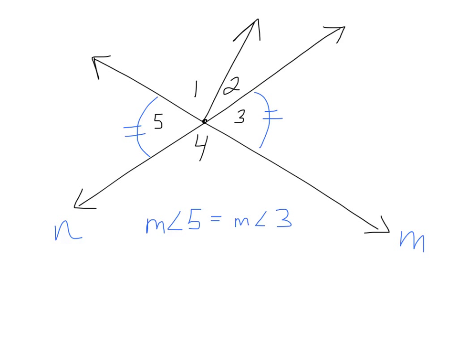Now, the thing that's interesting, and kids tend to struggle with, is we're still talking about these 2 straight lines intersecting. I know that this bottom angle, the measure of angle 4, is the same as the measure of this entire thing up here.